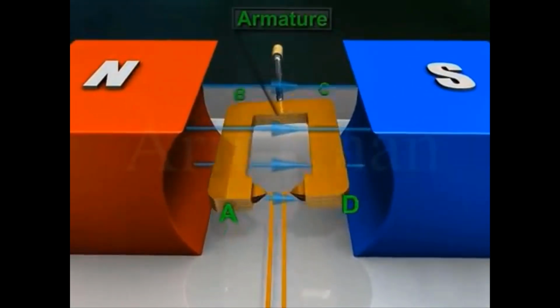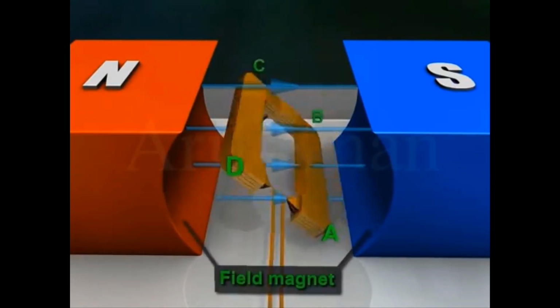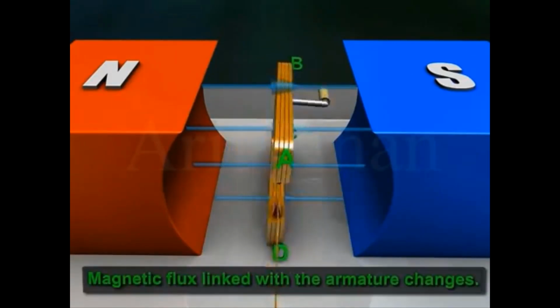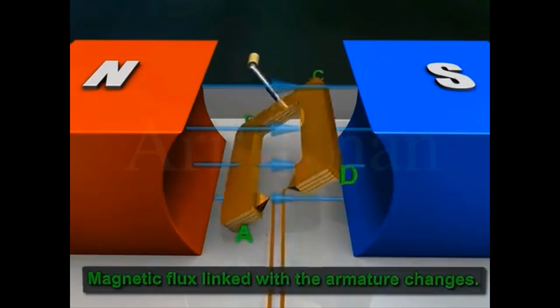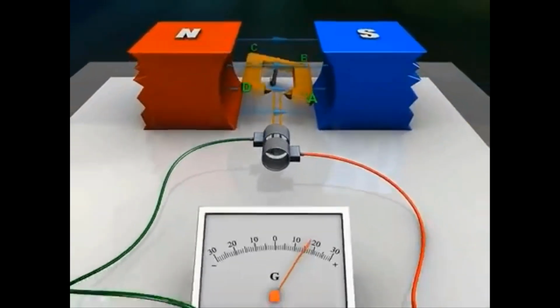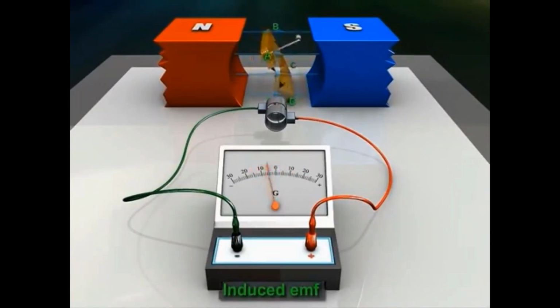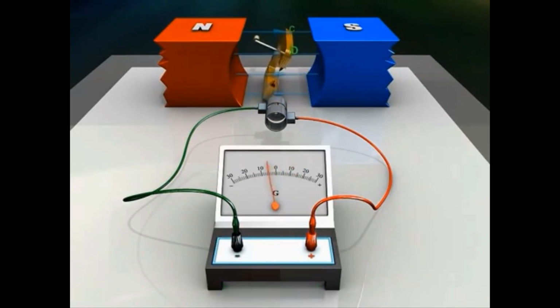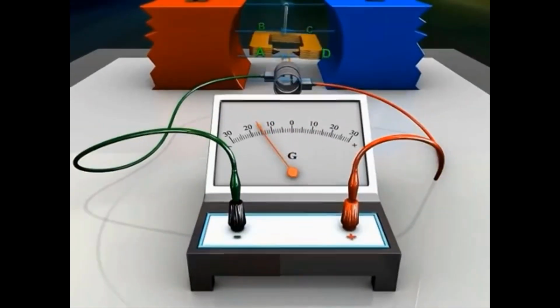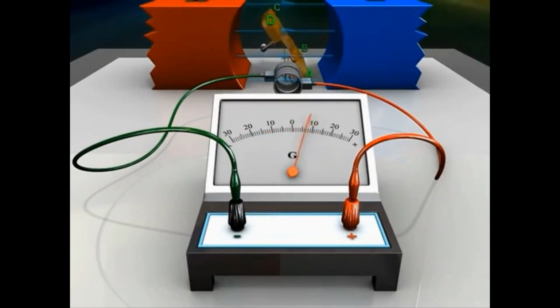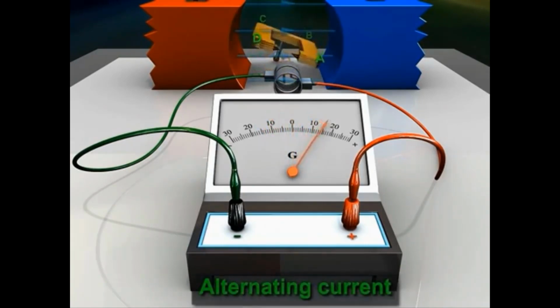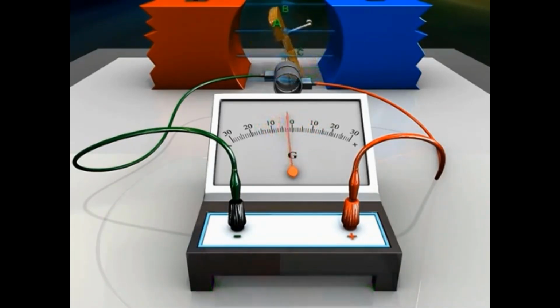When the armature rotates between the poles of the field magnet, the magnetic flux linked with the armature changes continuously. As a result, an EMF is induced in the armature. This in turn produces an electric current. Note that the galvanometer needle swings between the negative and positive values. This means that an alternating current is flowing through the galvanometer.